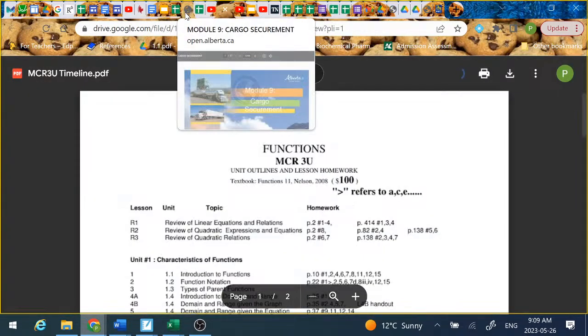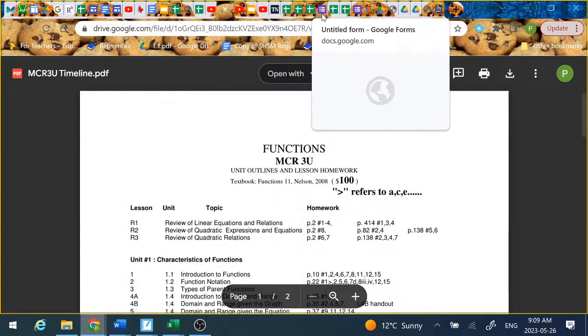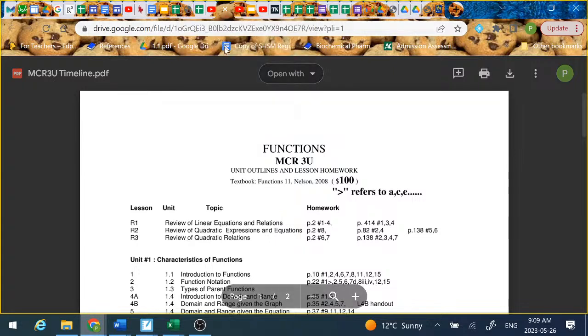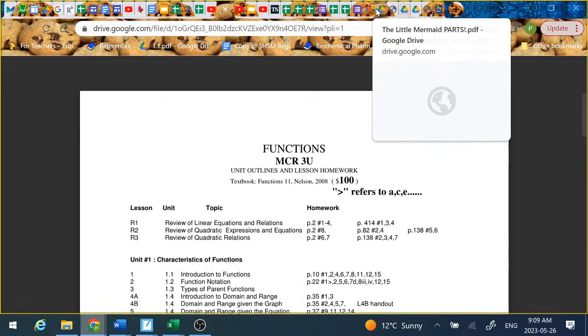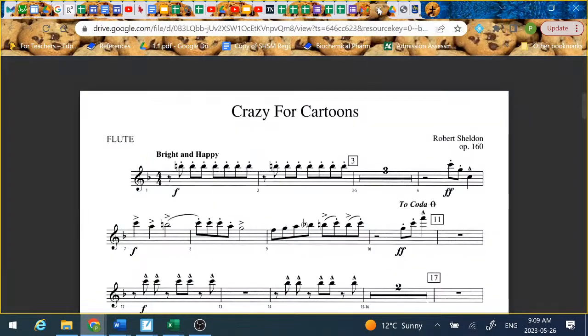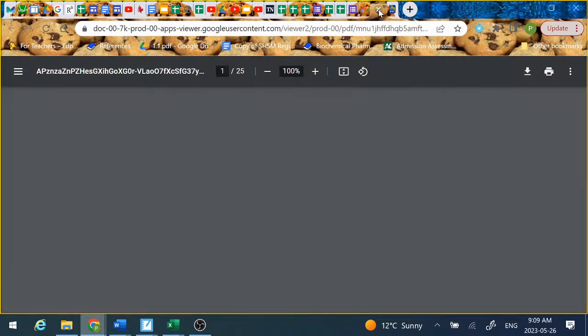I thought I had the textbook open, but I don't. I'm just going to open it. Let me close. Whoa, whoa, whoa! Bite your tongue, children.